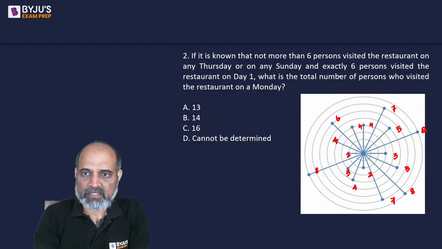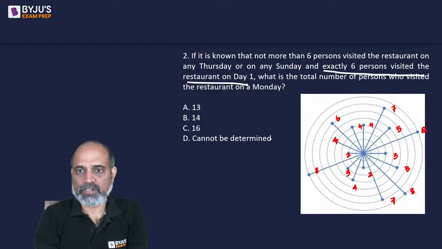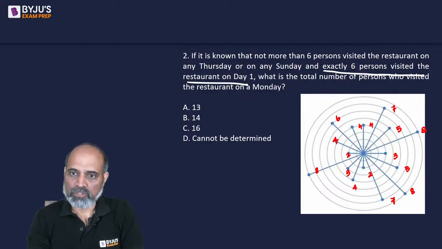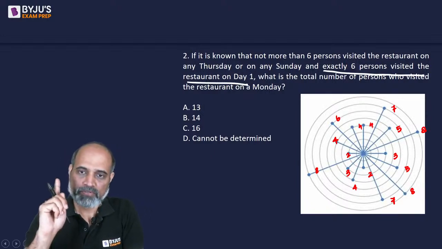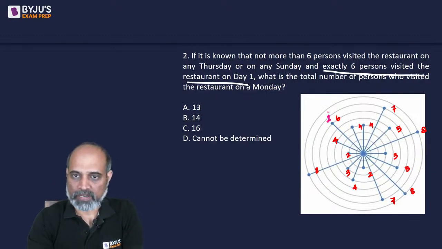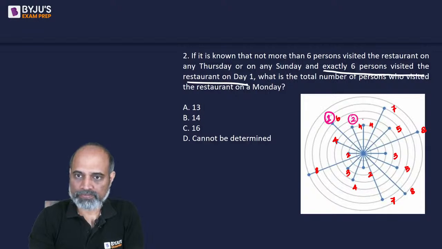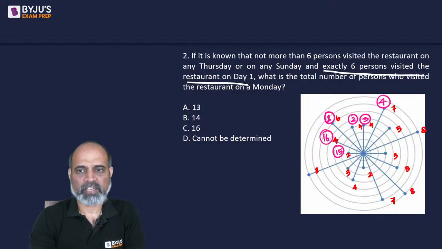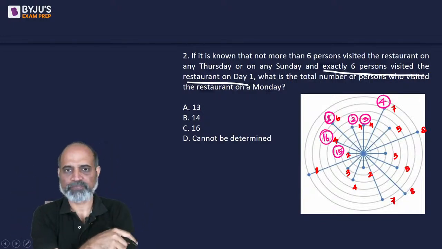Since it says exactly 6 persons visited the restaurant on day 1, 6 is there only at one place, right? So this is our day 1, day 2, day 3, day 4, and so on, day number 16, day number 15. Okay, don't have to write everything.